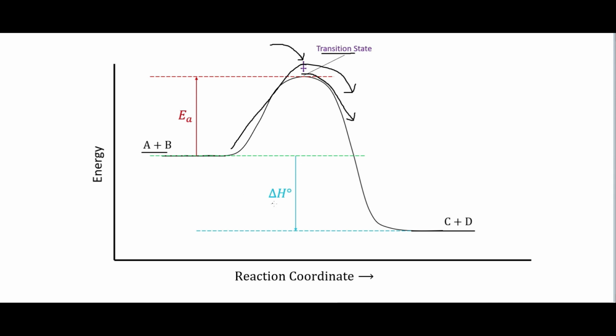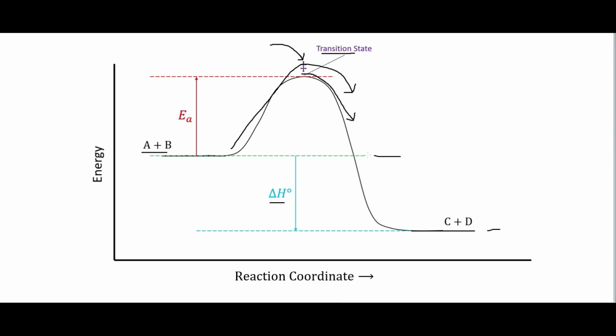Then the delta H is the energy that will be released. This is the reaction coordinate for an exothermic reaction, and it is the difference between the reactant energy and the product energy. So remember the relative difference of the stability or strength of bonds between the products and the reactants.